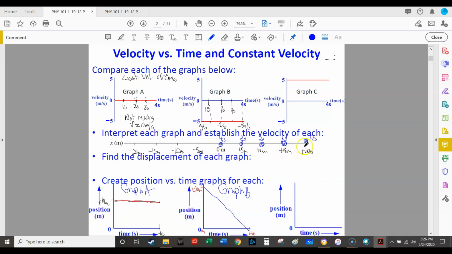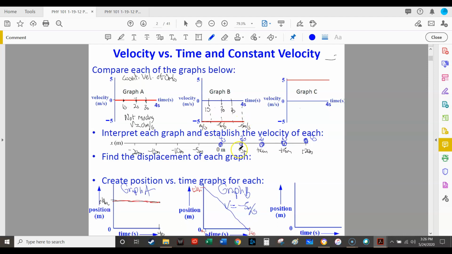Graph B starts out at the 20 meter mark. So at 0 seconds, it's at 20 meters. And then it's traveling at a constant velocity to the left of 5 meters per second. So the instantaneous velocities at each one of these points is going to be -5 meters for every second that it moves, right? -5 meters, -5 meters, -5 meters.